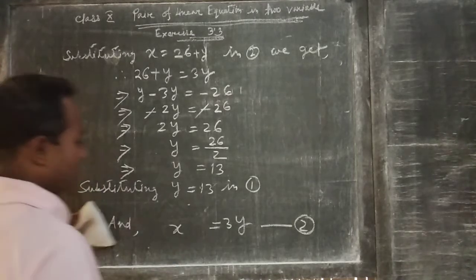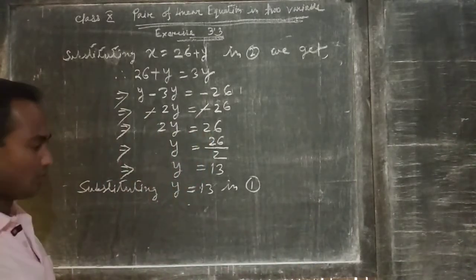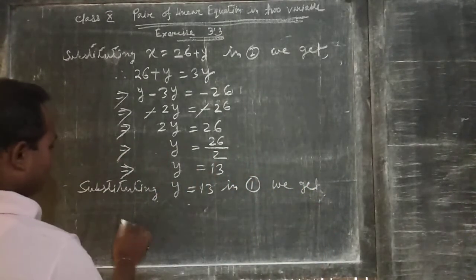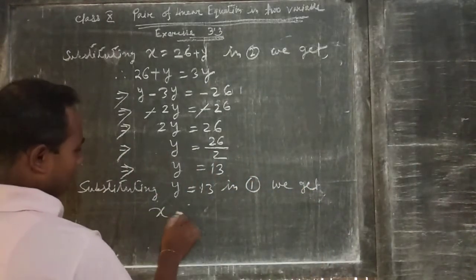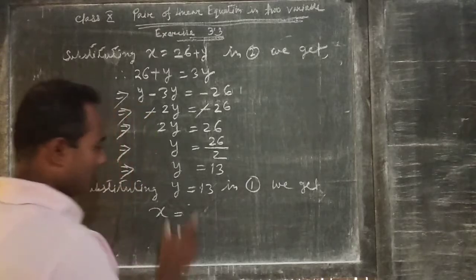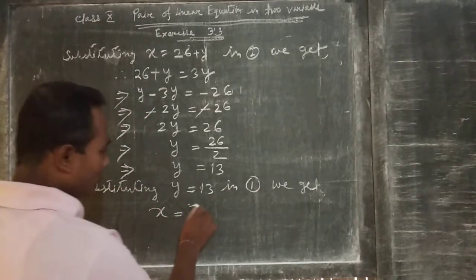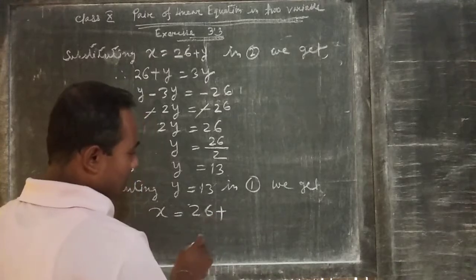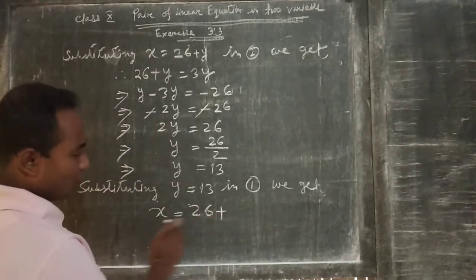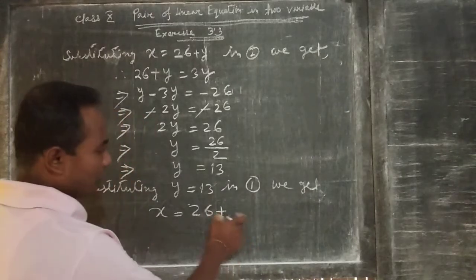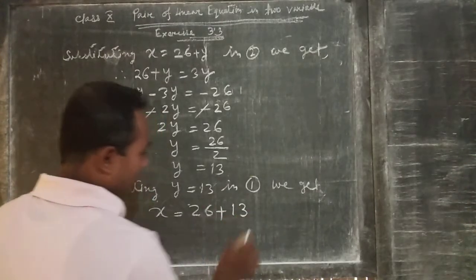In equation 1, we had x equals 26 plus y, and we have to put the value of y. This is 13.